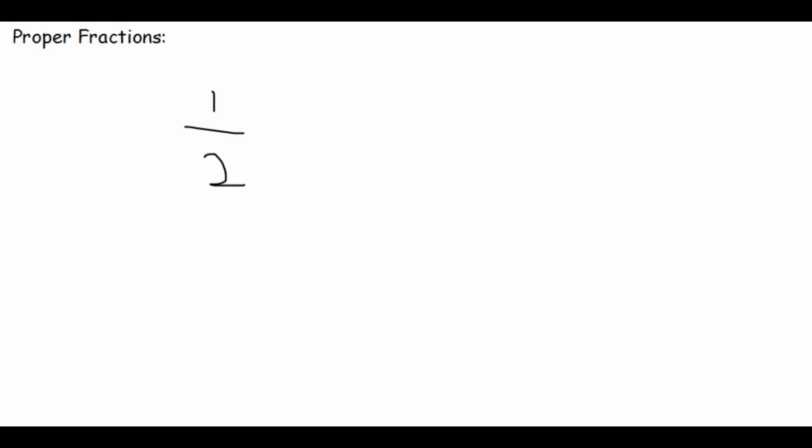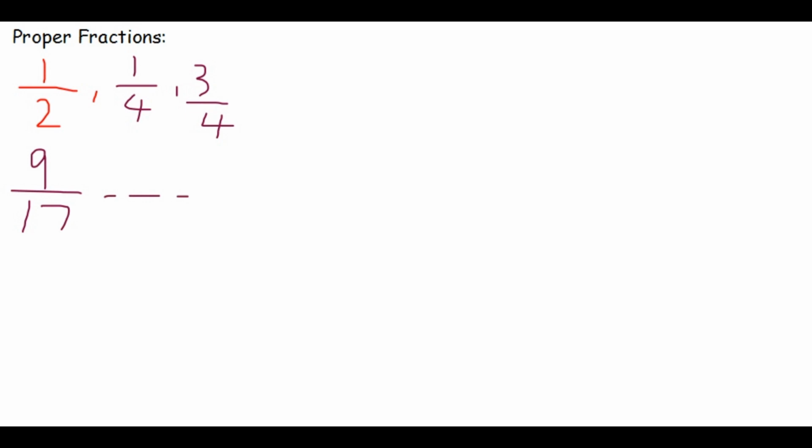A fraction mainly has two parts: the numerator, which is the 1 at the top, and the denominator, which is the number at the bottom. So take notes. The number at the top of a fraction is the numerator, and the bottom is called the denominator. So just take note of that.